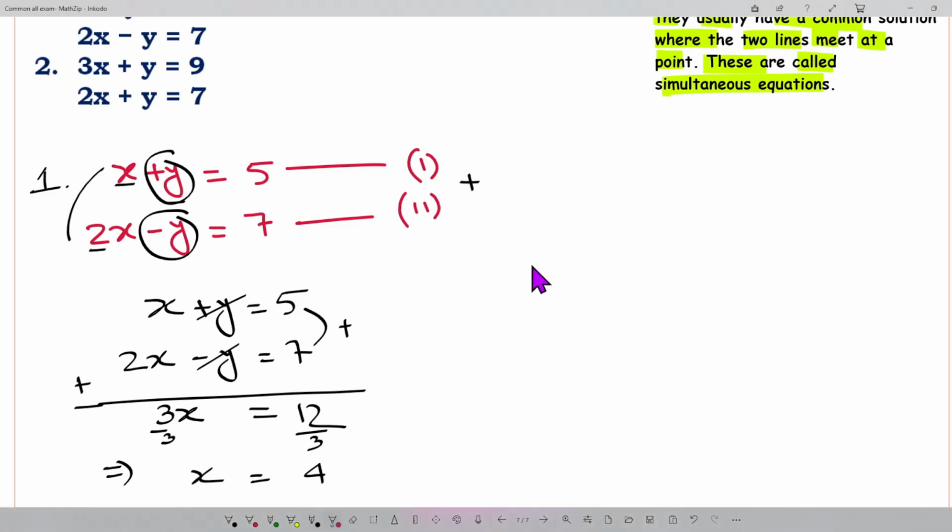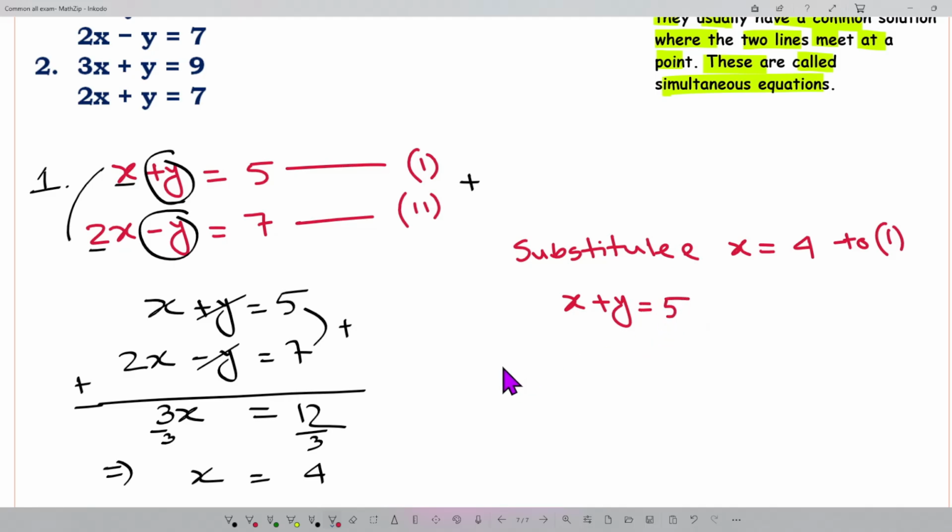So now we will substitute x equals 4 into equation 1. Here x plus y equals 5, x means 4, so 4 plus y equals 5.